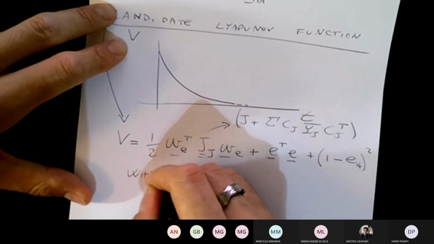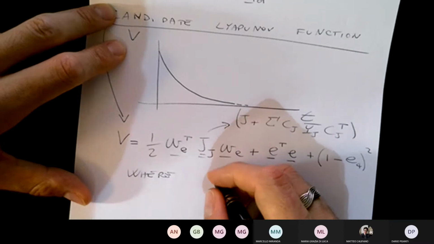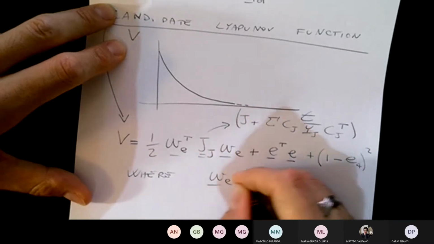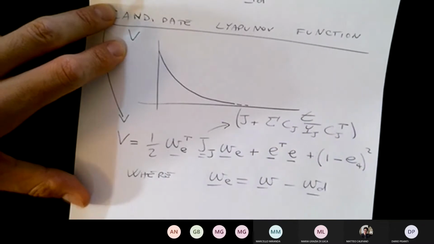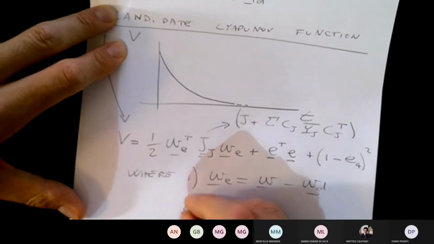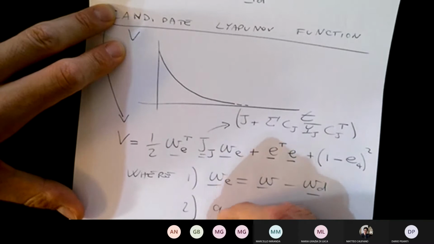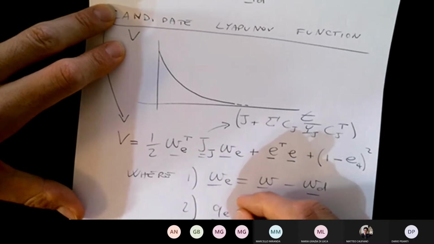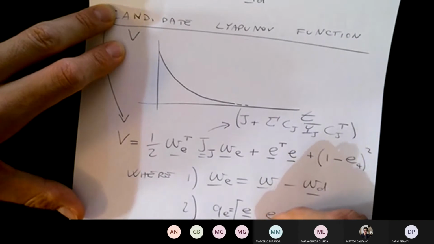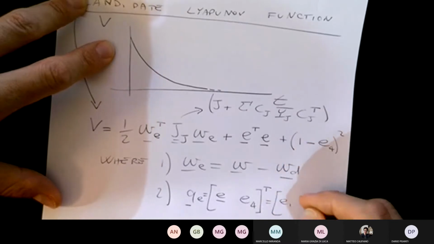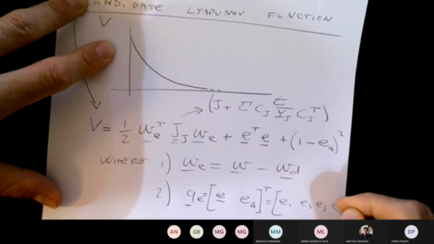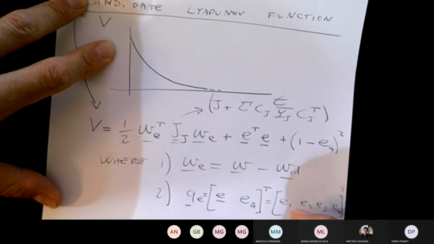So where omega error is omega of your spacecraft minus the omega desired, and the error quaternion is given as well, the vector component that I call E and the scalar component that I call E4, transpose. You can also spell it out as E1, E2, E3, E4 transpose.